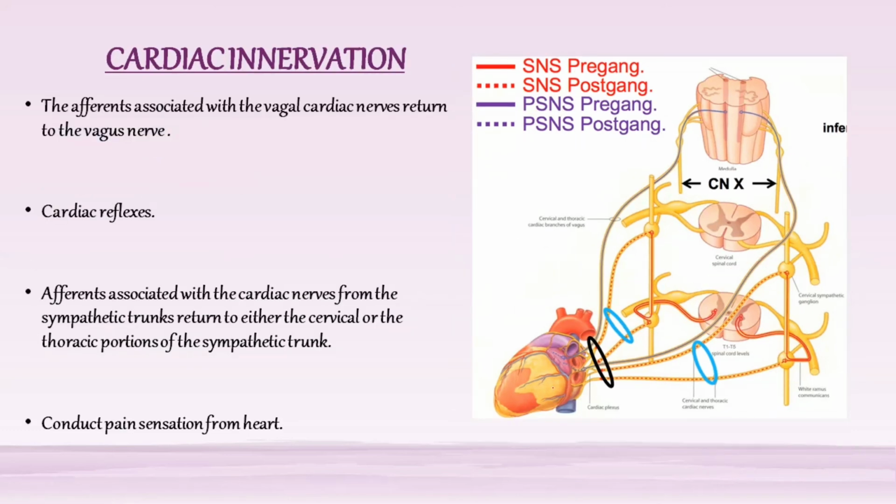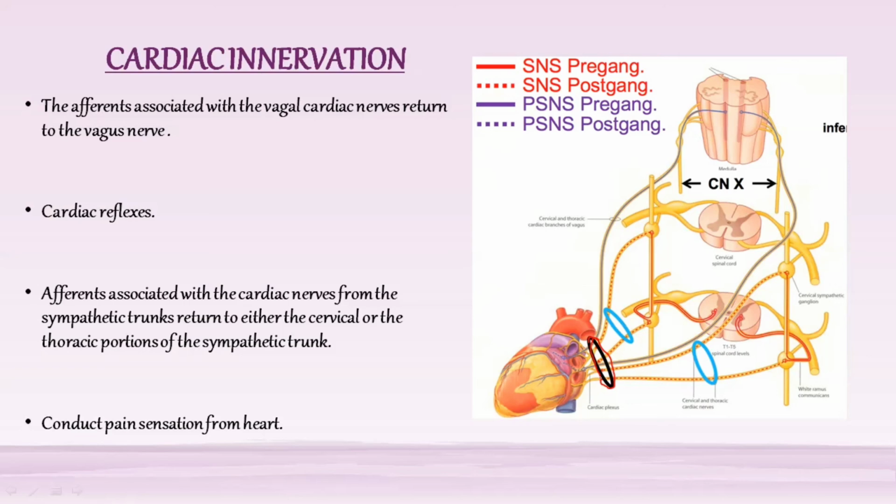Now the efferents associated with the vagal cardiac nerves return to the vagus nerve. The fibers which arise from the cardiac plexus, marked by this black circle, are simply called cardiac nerves. These cardiac nerves may reach the vagus nerve and the sympathetic trunk.